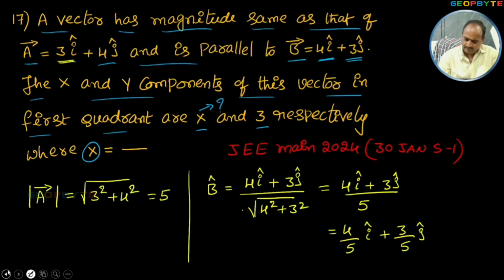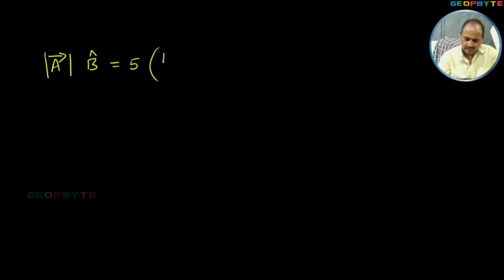Now let us find the vector A multiplied with the unit vector B. It is equal to 5 into unit vector B, which is 5 into 4 by 5 i cap plus 3 by 5 j cap. Simplify it. It is 4 i cap plus 3 j cap.